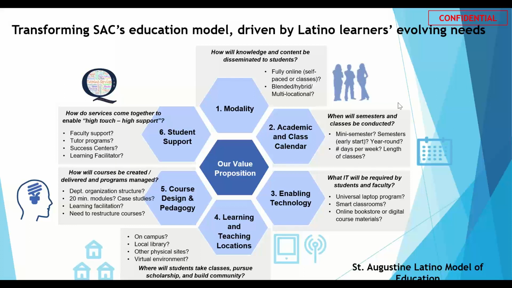We also spoke about the learning and teaching locations. As most of you will know, at the time we were just providing face-to-face education. But given that we were thinking about an innovative way of delivering our education, we looked at multiple locations for our teaching. Obviously one of the locations that we can continue providing was at our existing facilities.